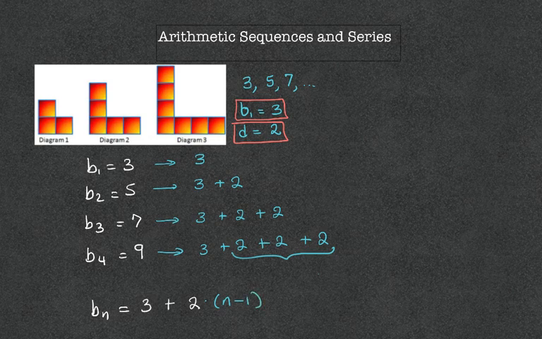Now I can make this even more general by recognizing that Bn is going to be 3, which is the first term, B1, plus 2, which is the common difference, D, times n minus 1. So now I got a formula that is general and will work for any arithmetic sequence.